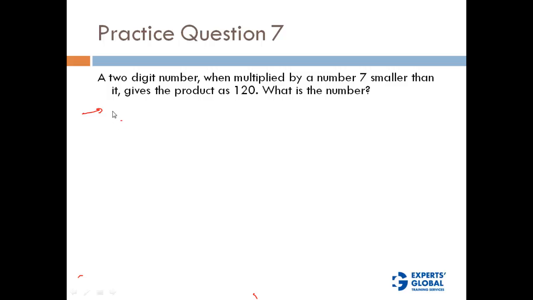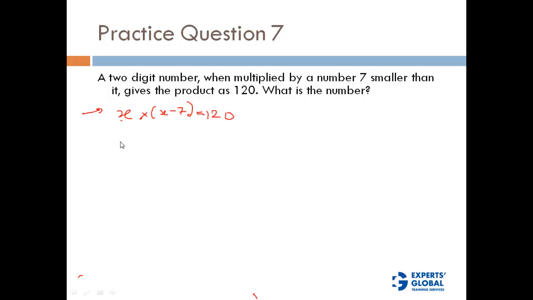Let's say that number is x. A 2-digit number x when multiplied by a number 7 smaller than it, that means x minus 7. x into x minus 7 gives a product of 120.